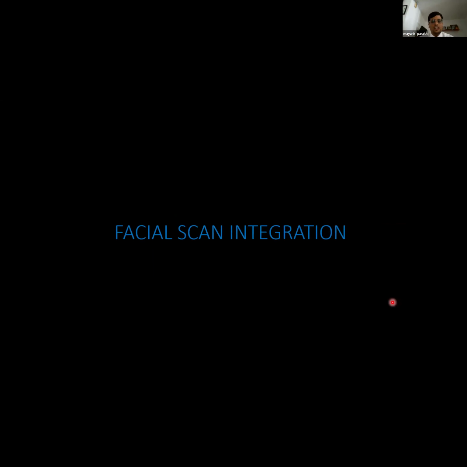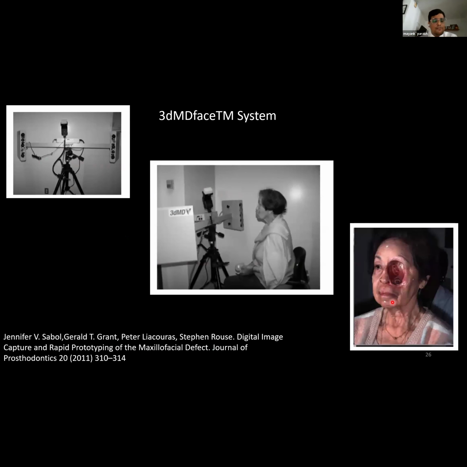Now, something that is really technologically savvy and is coming up further in our dental field is the use of three-dimensional cameras. These cameras are used especially in severe maxillofacial cases where a huge part of the patient's face is no longer present.